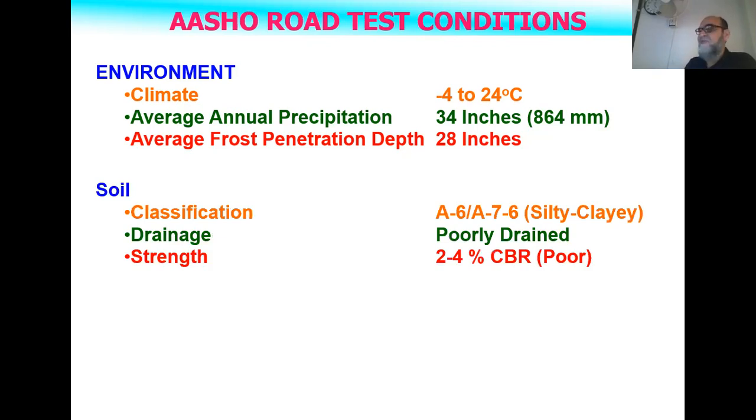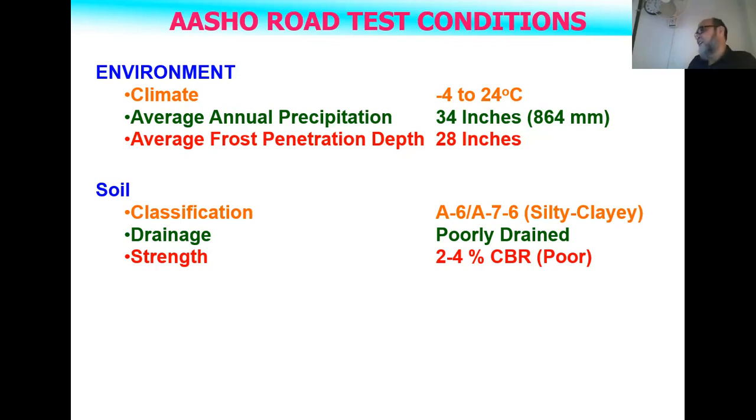Then the classification: they have taken this worst soil. Normally, we don't recommend a pavement on that type of soil. We instead want to replace it with some other fill material and go. But they have designed it for that poor condition, poorly drained.